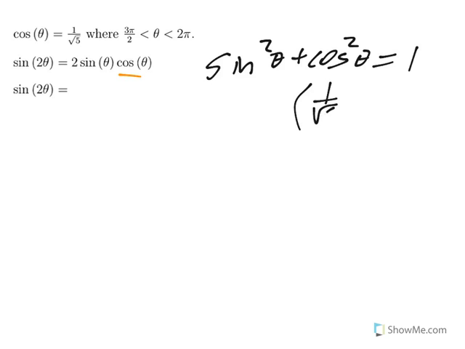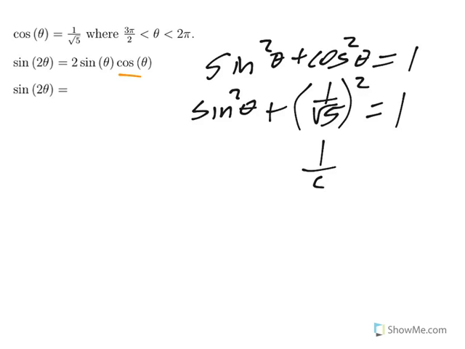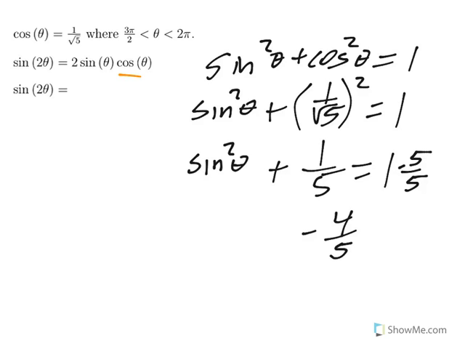Cosine is given to us, so really I'm just solving for sine. 1 over root 5 times 1 over root 5 is 1 over 5, so that's a fifth. Then subtract a fifth from 5 fifths, and I get 4 fifths for sine squared.